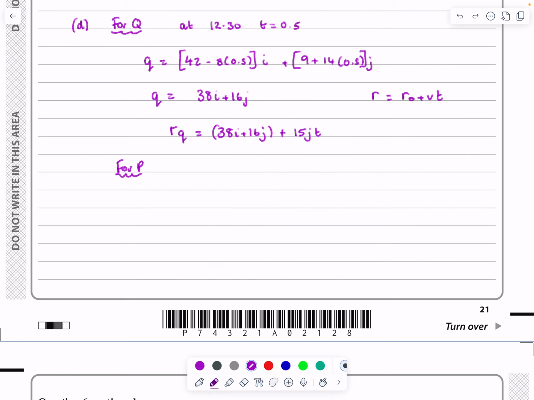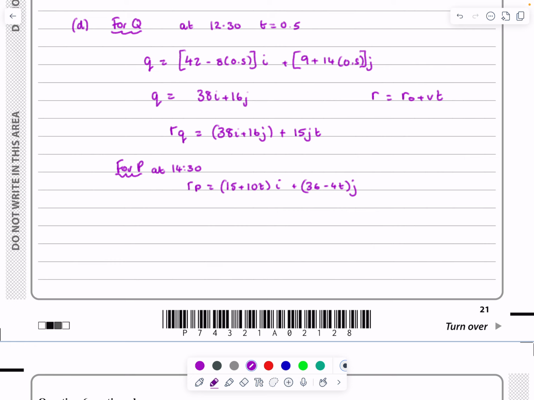So for P at 14:30, now remember, RP was equal to, what did we just say it was? We already had it as 15 plus 10t I and 36 minus 4t j, and I'm now going to find out where that is at 2:30.